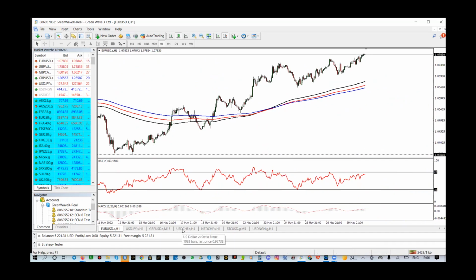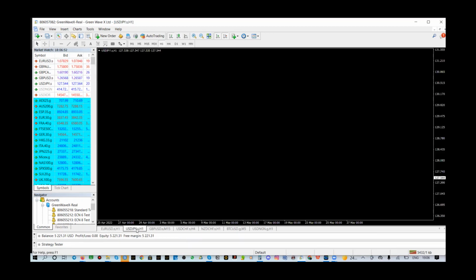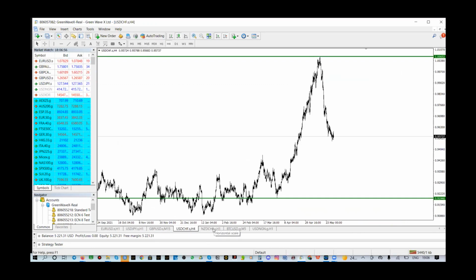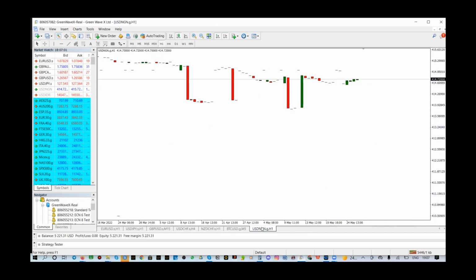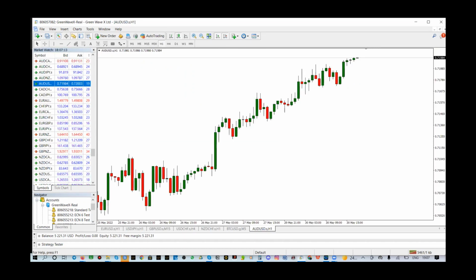Maybe we should switch. Let me save this as a template. Okay, let's look at Australian dollar, US dollar. Now, this is a strategy that doesn't give you so many signals.